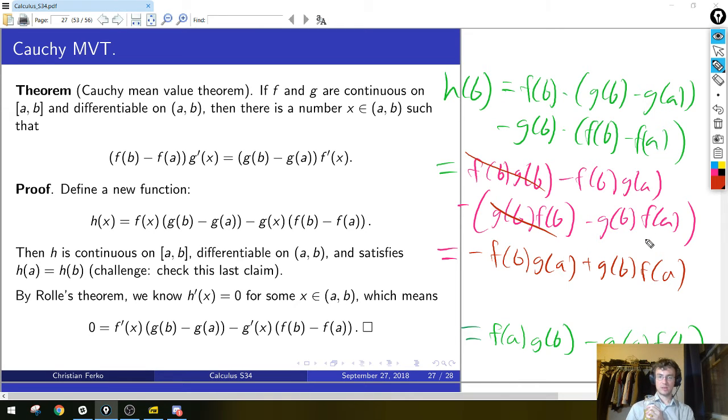So now we're in good shape because we were trying to prove that these two were the same, and we see that actually the terms match. I've written them in a different order. These two are the same because the first term up here is minus f of b, g of a, and the second term down here is minus g of a, f of b.